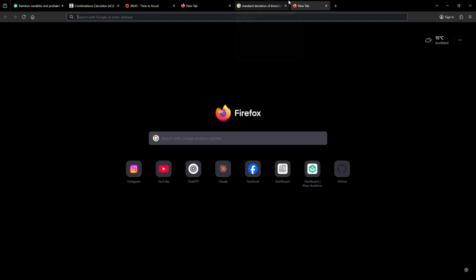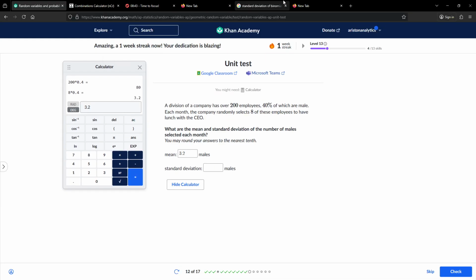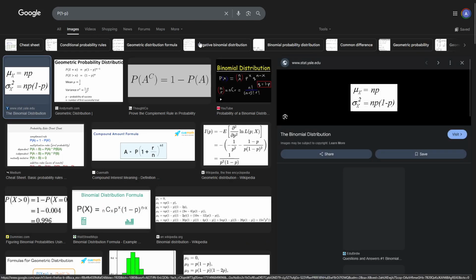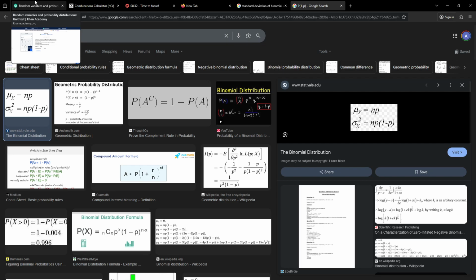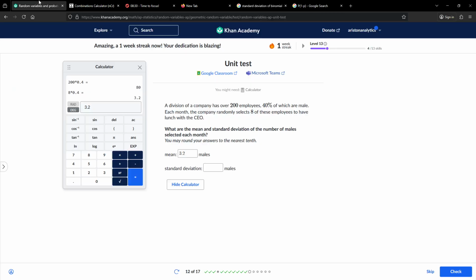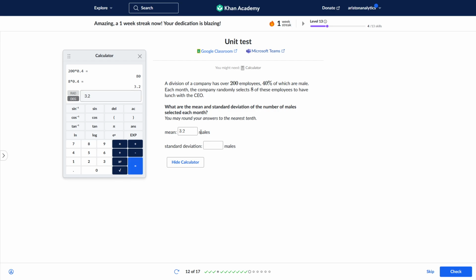I think it was like... So it's n times p, and then p times 1 minus p. Okay, so we just get the square root of that, right?